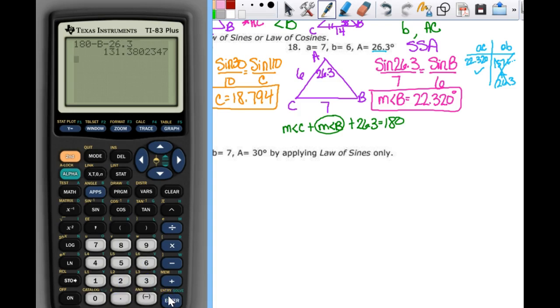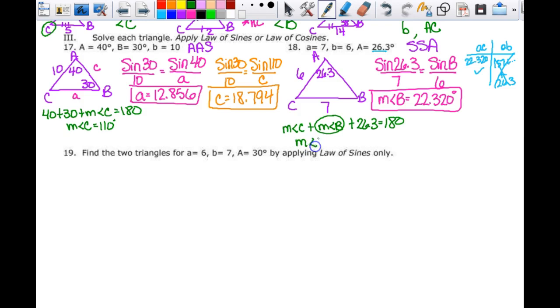That gives me 131.380. I'm going to store that in C. So the measure of angle C is equal to 131.380. Okay, so I found angle B, I found angle C. So I have this one, I have this one. I need to find little c.